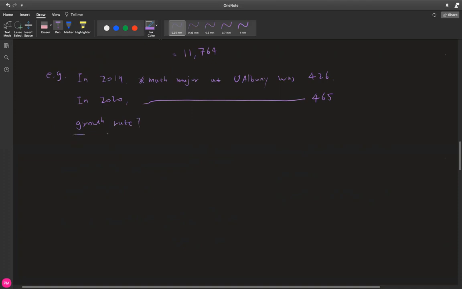So do we all remember how to find the growth rate? The growth rate, the small r, is simply y minus x over x, where y is the end value and x is the baseline.